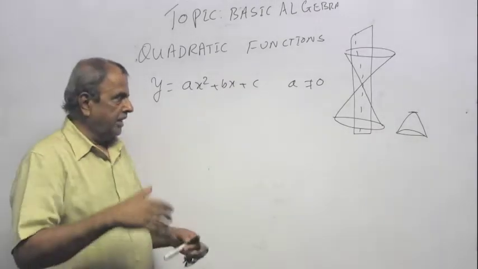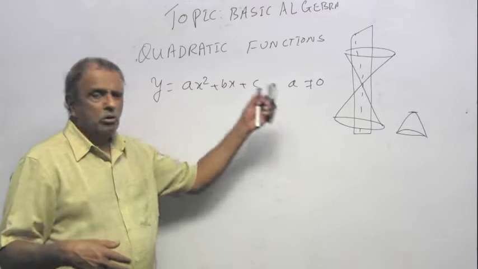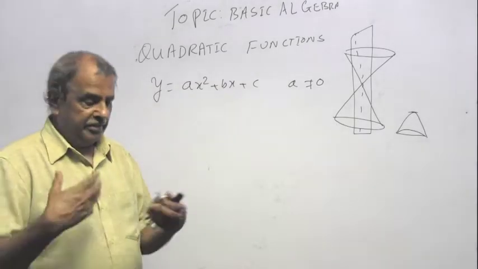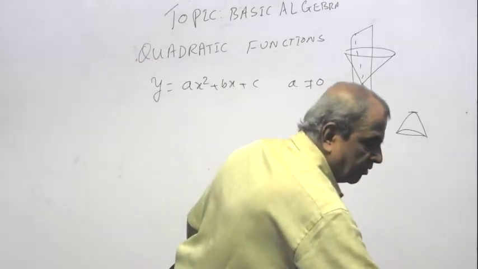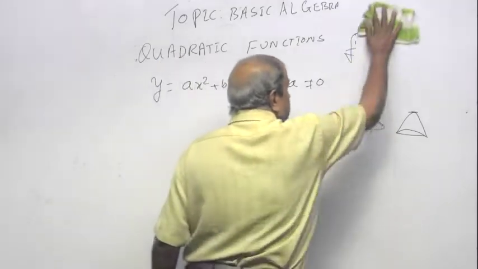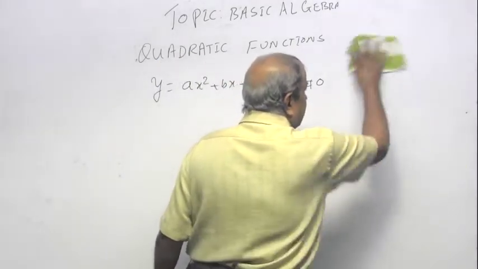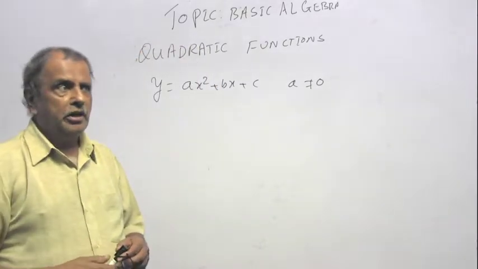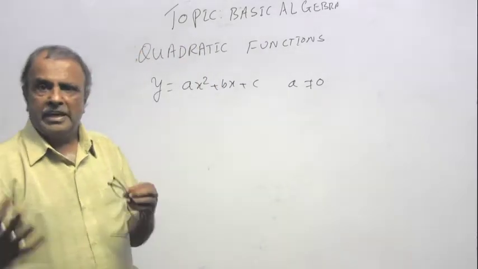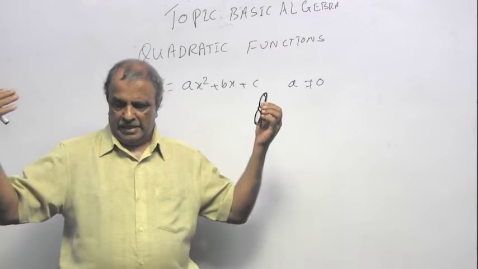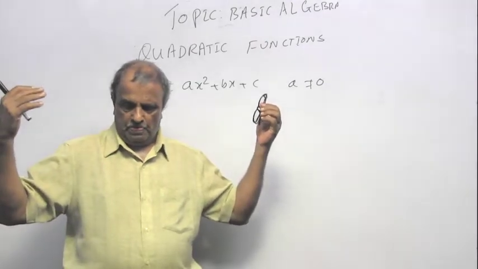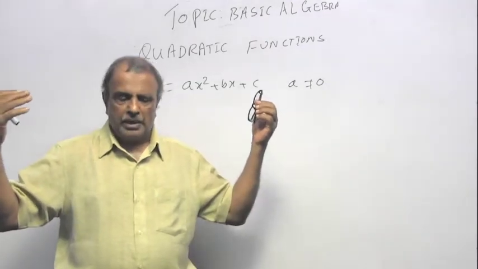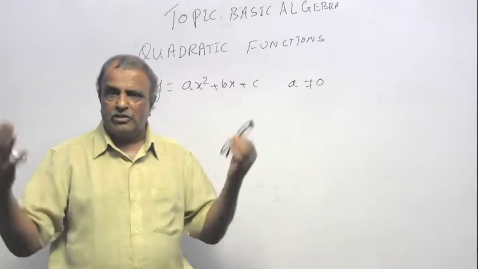Later on, if you do further maths, you'll learn more about how these are generated. But the easiest way to remember is a U-shaped graph. A parabola is generally a U-shaped graph, and it has been used for a long time in signaling, in astronomy, and in observatories.